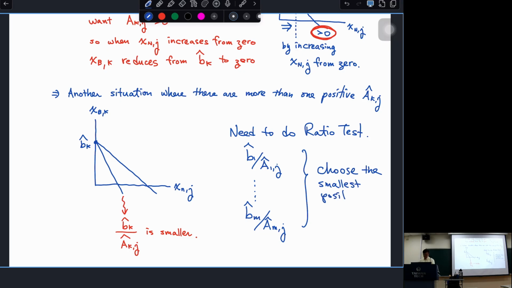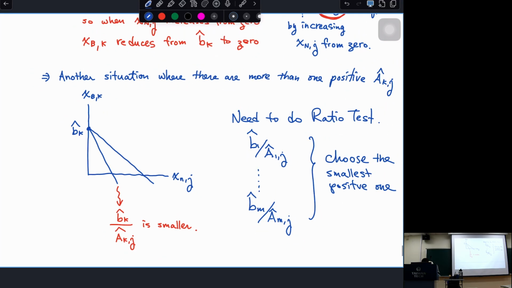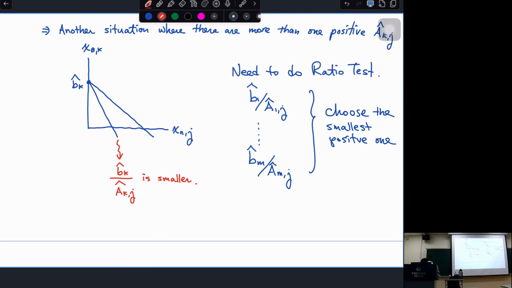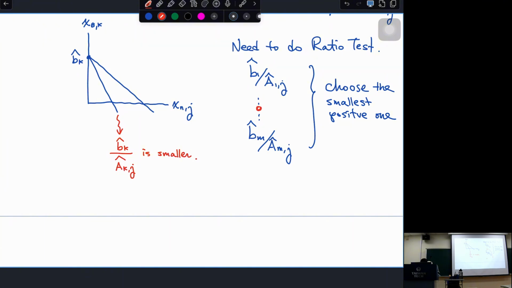Okay? So let's say inside one of it, let's say kth is having the smallest positive value of b_k over a_kj.